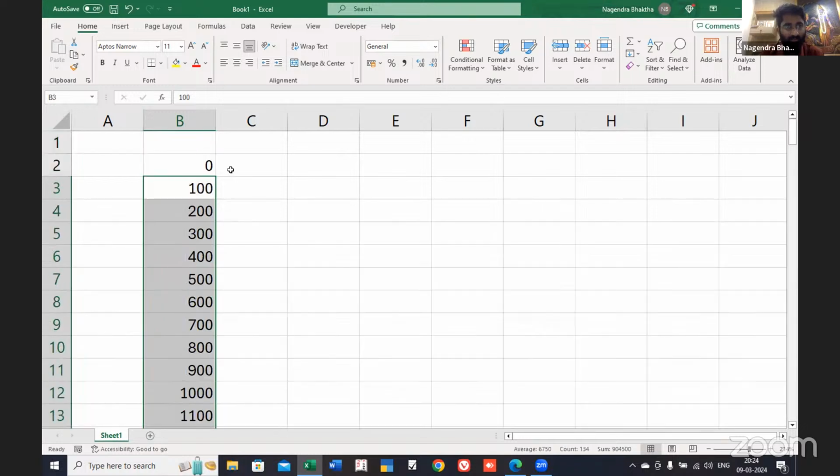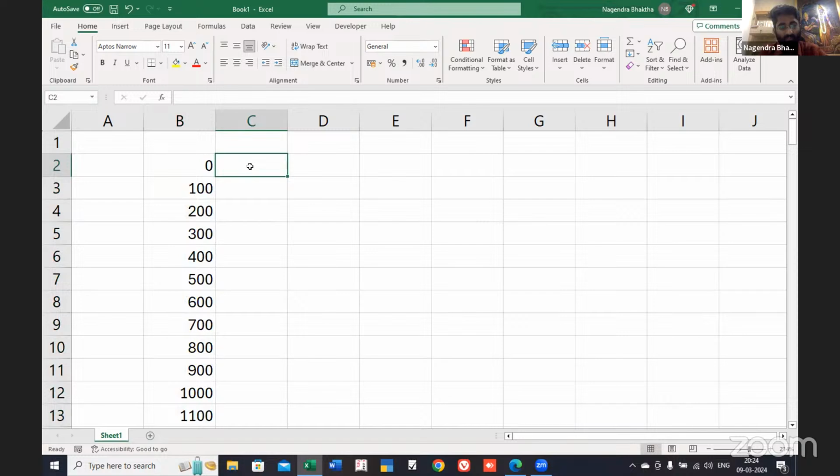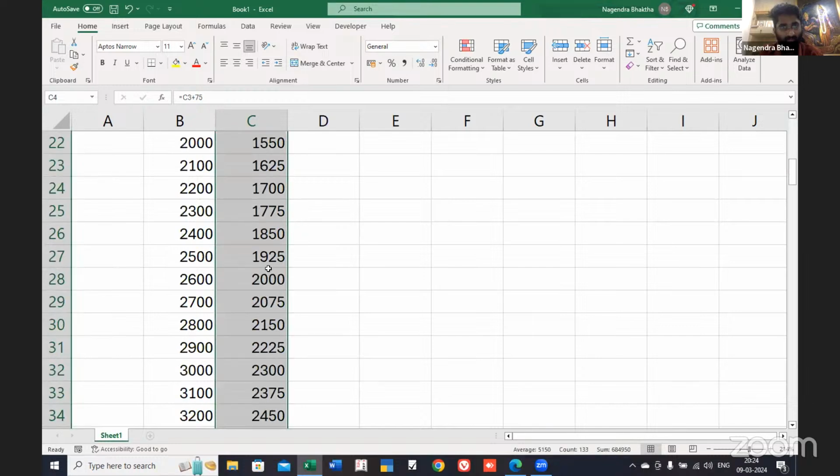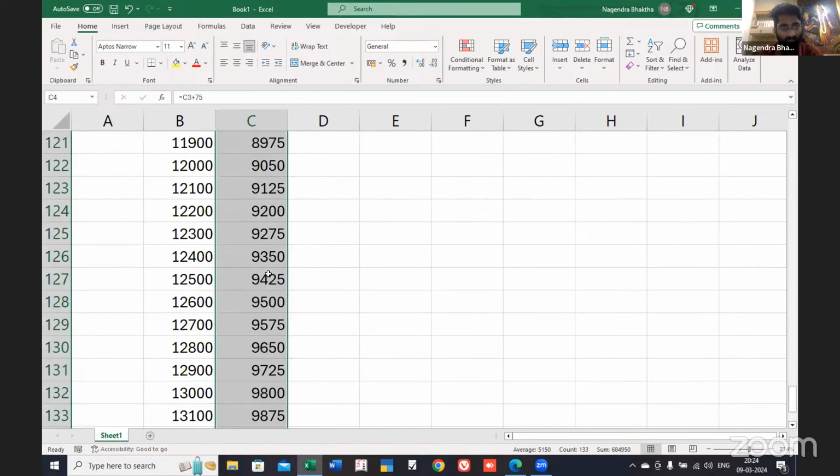Now, consumption was 50. Enter is equal to this plus 75. That gives 125. If I drag this, it will be 200. And I go on dragging this till this amount.